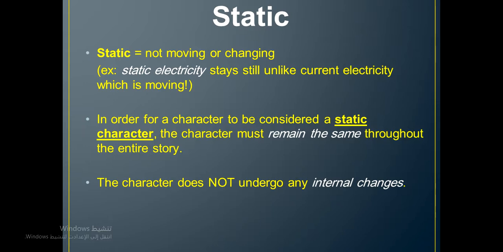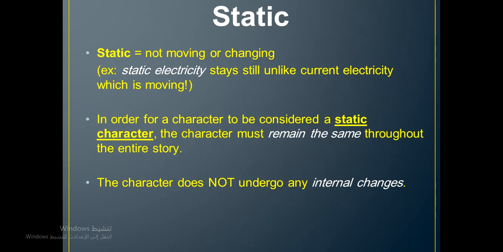So static is not the direct meaning of static, which means not moving or not changing. For example, we have static electricity, الكهرباء الساكنة, which stays still, unlike current electricity, which is moving. So, in order for a character to be considered a static character, the character must remain the same throughout the entire story.